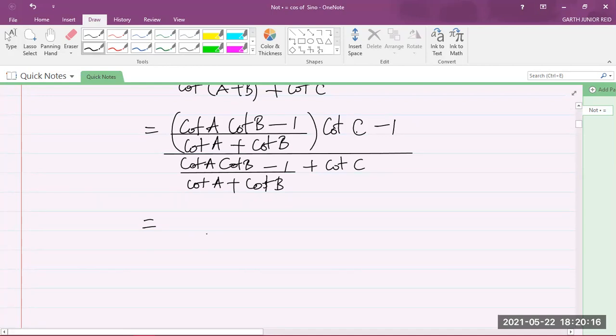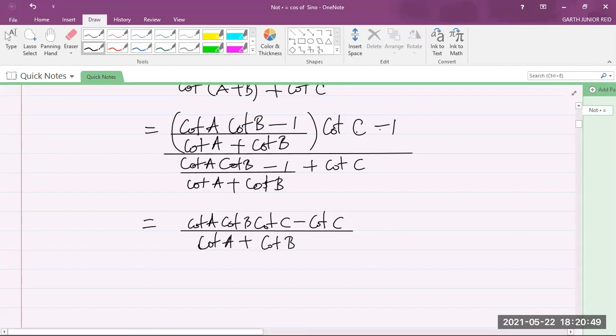So if I do that now, I will get cot A times the cot of B multiplied by cot C. And cot C multiplied by negative 1 will give me negative cot C. And I am dividing that by cot A plus cot B, right?